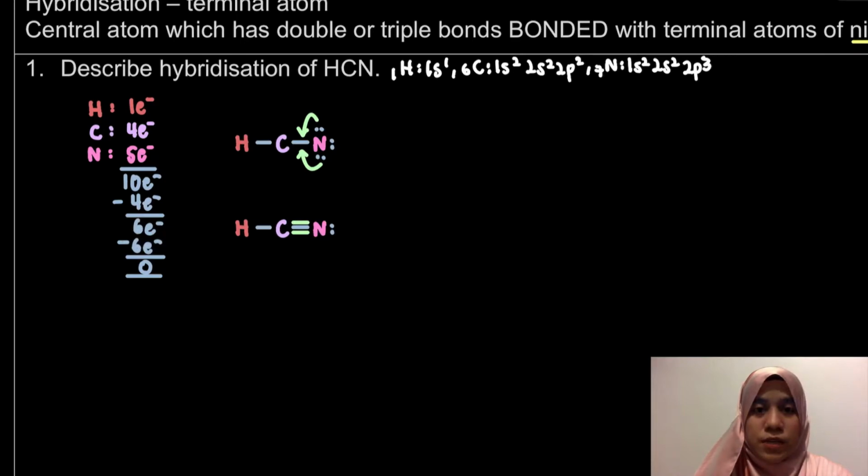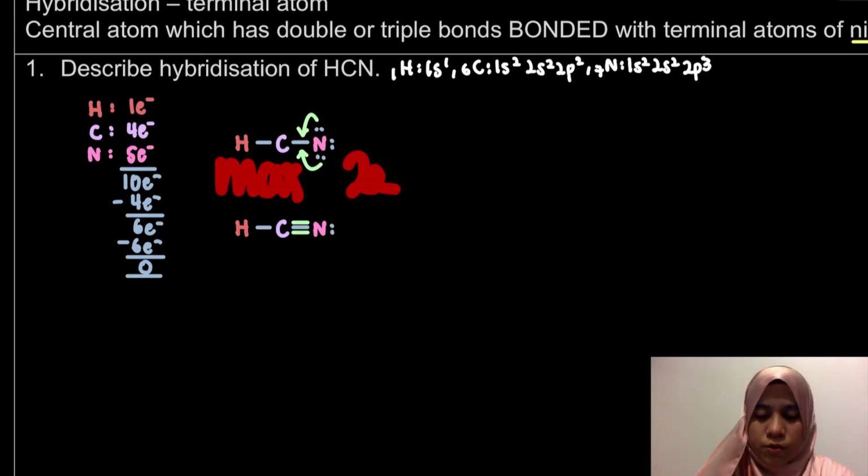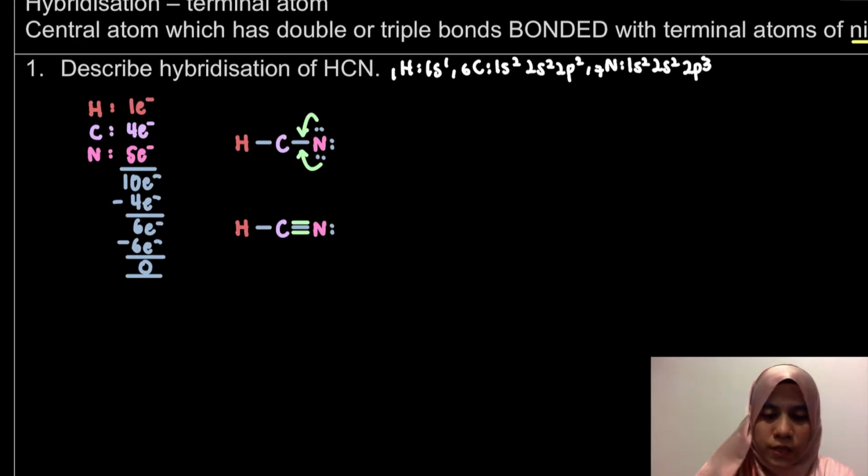Those 6 electrons left, we have to fill up our terminal atom first. In this case, for hydrogen, you can't put any lone pair, because hydrogen's maximum is 2 electrons, and here it already has 2. So we fill up the rest of the electrons on our nitrogen.